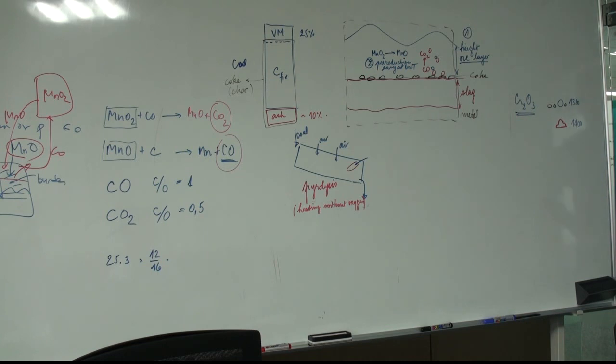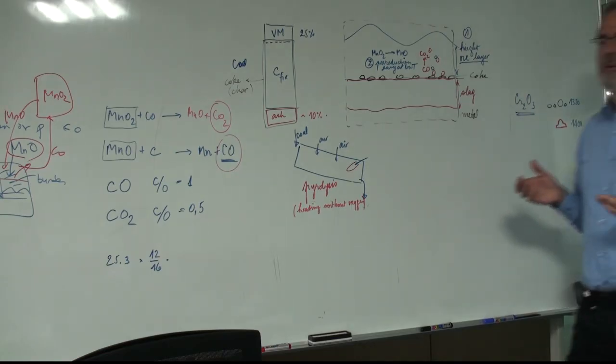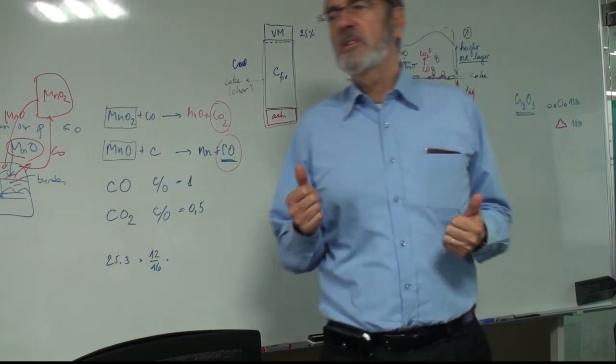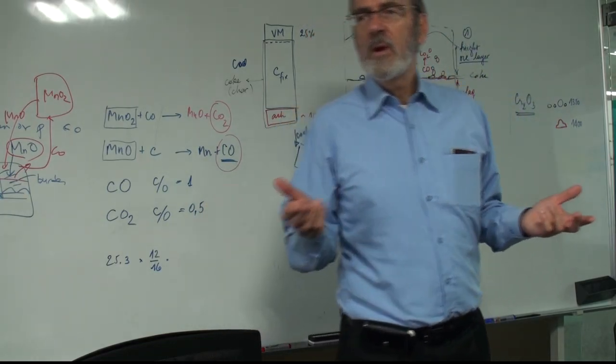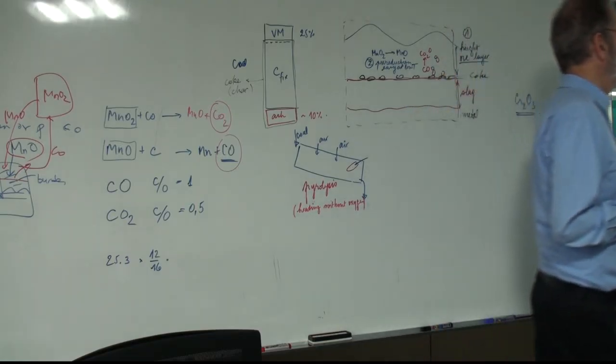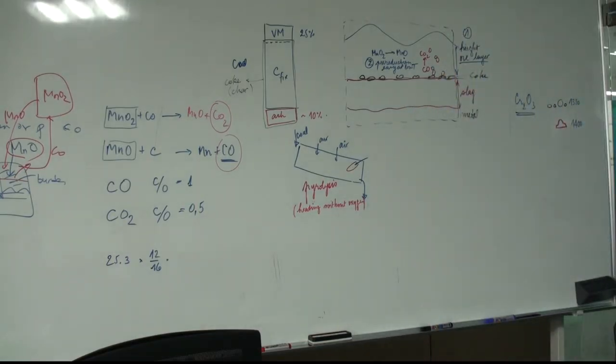Because this is a percentage, and a percentage is kilo per 100 kilo. And if you want to have it for 1 ton, you need factor 10.